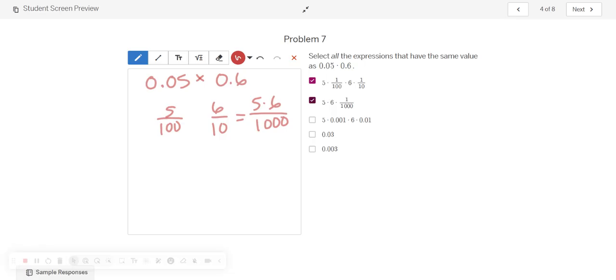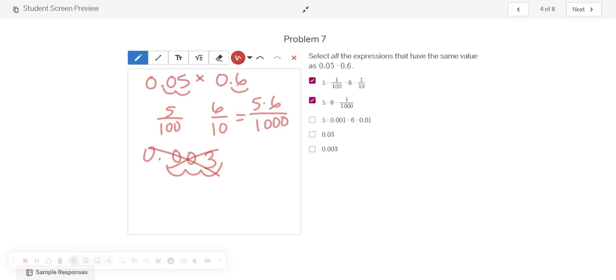And then if I multiply 6 times 5, that is 30. And then there'd be 1, 2, 3 decimal places. So I should get 30 thousandths. Yeah, 30 thousandths. Which would be, nope, that's not it.